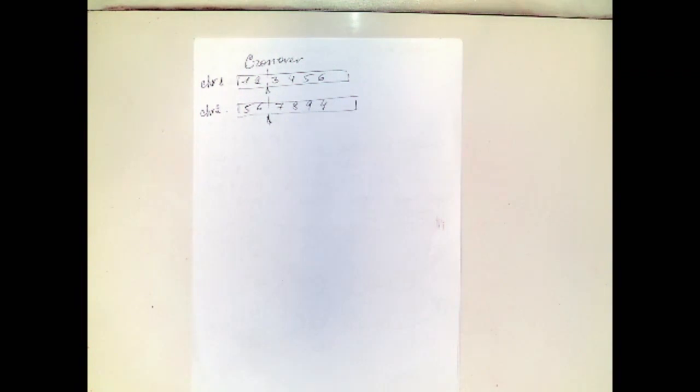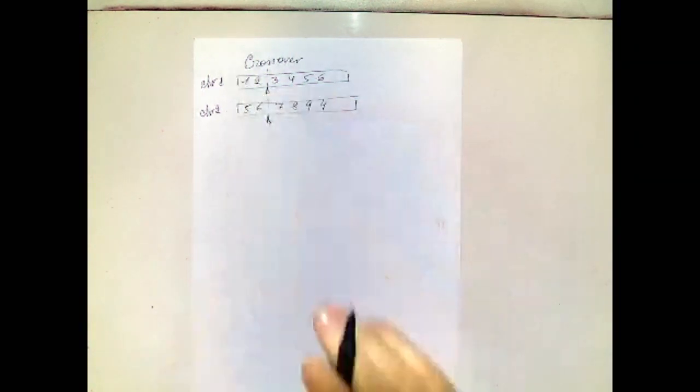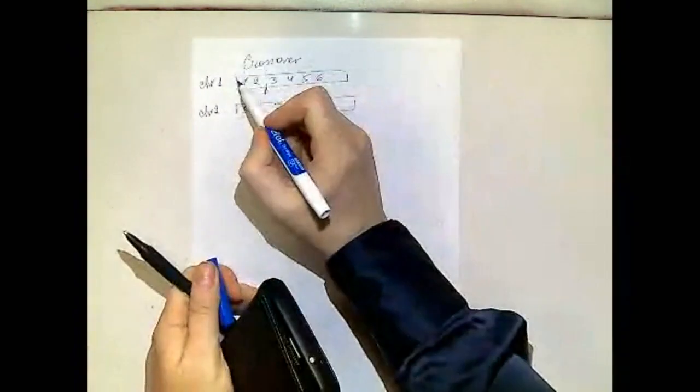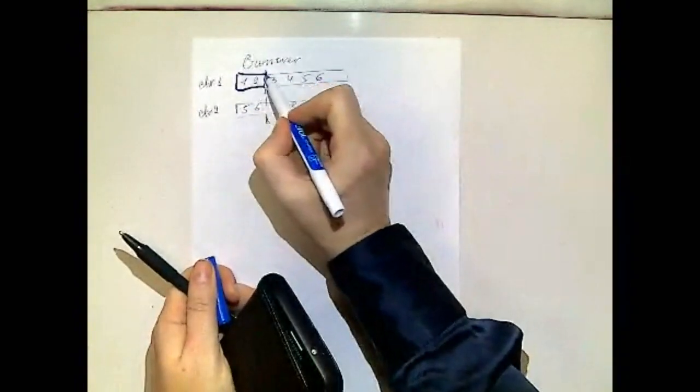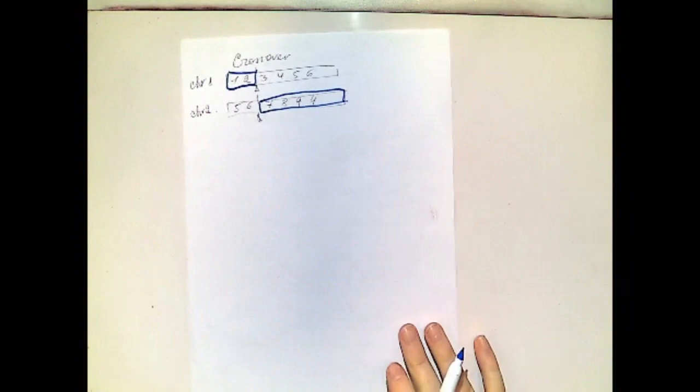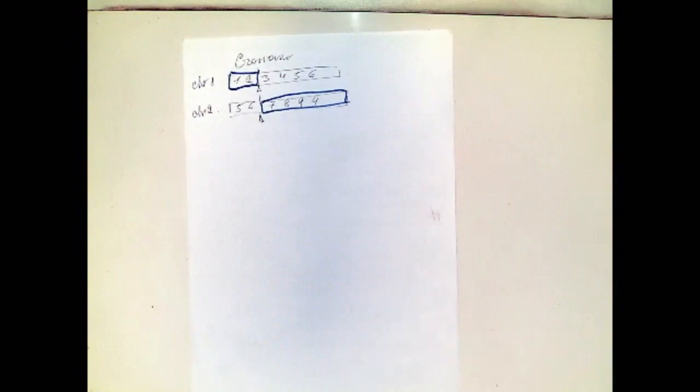What we do is get new composed chromosomes, but containing two different elements. For example, as I showed you in the blue, we have two chromosomes.